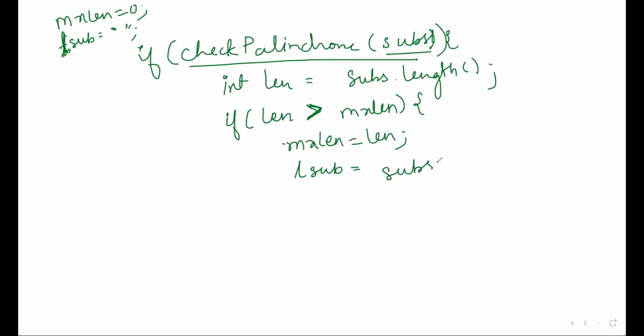This is what you will do. I guess you can create this palindromic check function very easily. You keep iterating and comparing the first and last element. If they are equal, you decrement the end pointer and increment the starting pointer, and so on, comparing all those characters.